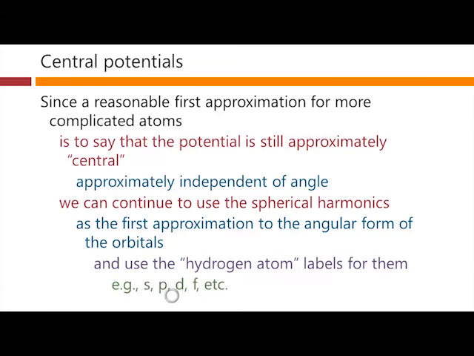That is, the S, P, D, and F labels. And that's exactly what we do. Even for more complicated atoms, we can still use these labels here, at least as a first approximation, for talking about the various orbital states in complicated atoms. And that's because we can approximately say, at least as a first approximation, that even in a complicated atom which has lots of electrons in it, the potential is still approximately independent of angle.